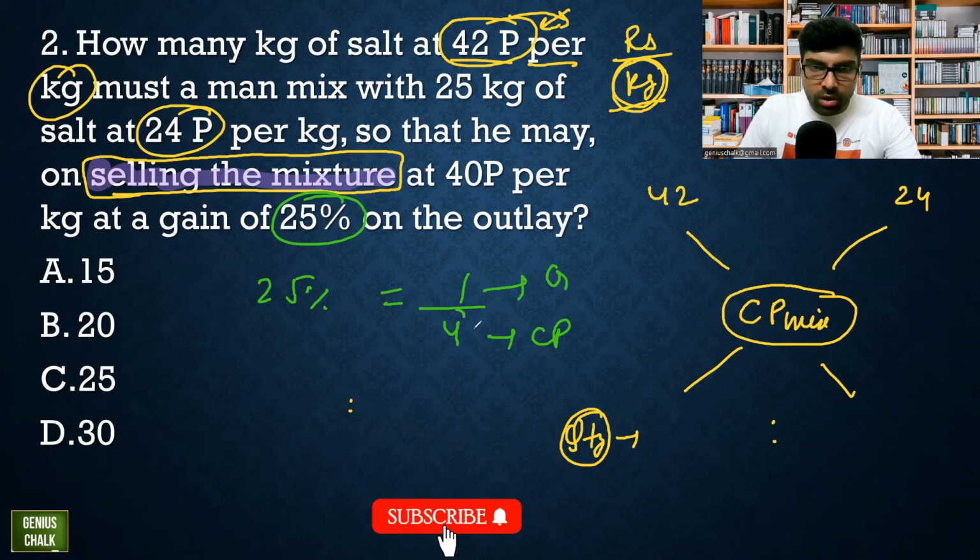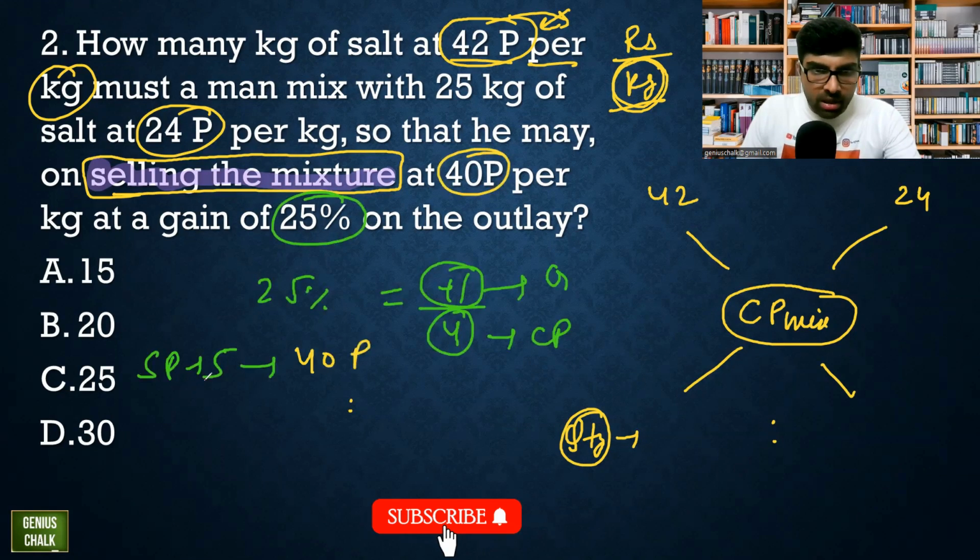So if 4 is the cost price, 1 is the gain, that means 5 has to be the selling price. 4 plus 1, cost price plus profit, and the value 5 is given as 40 paisa. So 1 will be 8 paisa. What we need is the cost price of the mixture, as this is the selling price of the mixture.